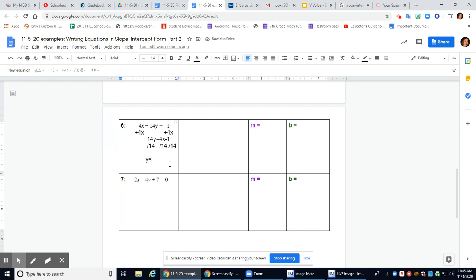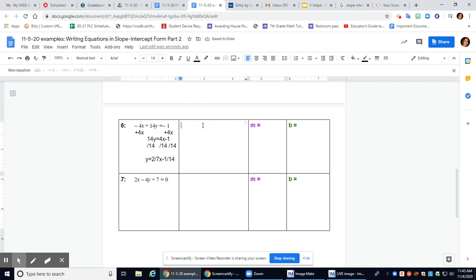That will leave me with y equals 4 divided by 14. Well, that comes out to be a decimal. So we could simplify the fraction 4 over 14 by dividing out a 2. So 4 divided by 2 is 2, and 14 divided by 2 is 7. Put the x back on, and then negative 1 divided by 14. Well, I can't simplify that. It already is. So I just rewrite minus 1 over 14.